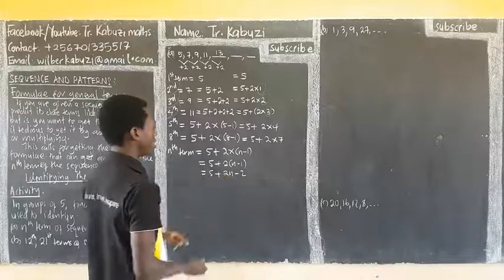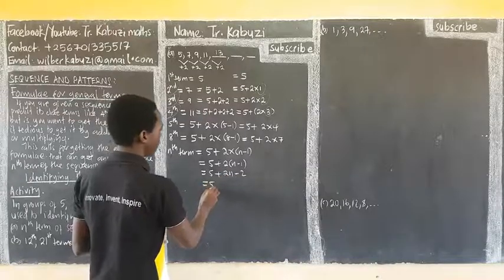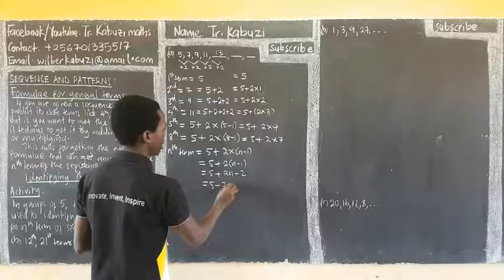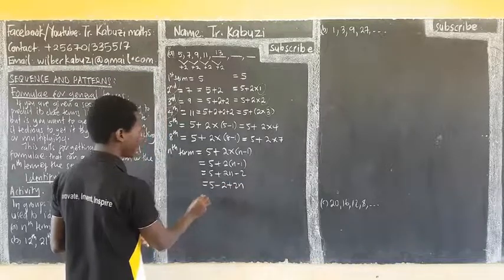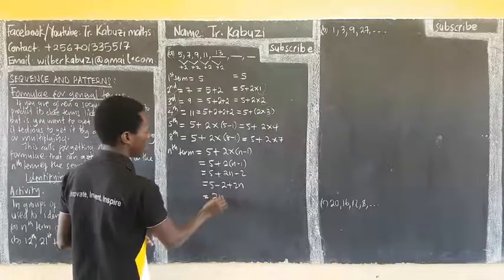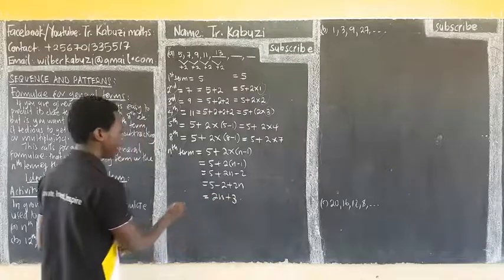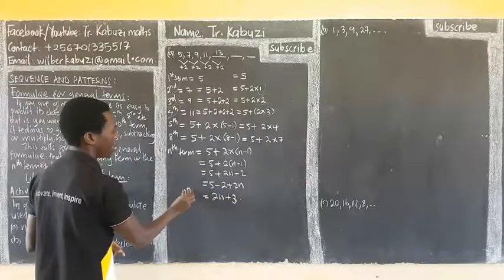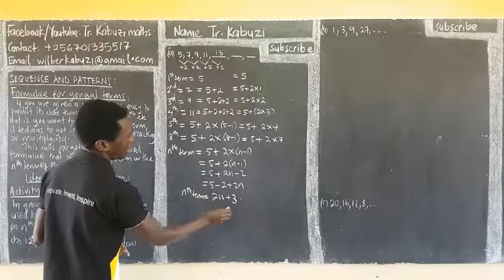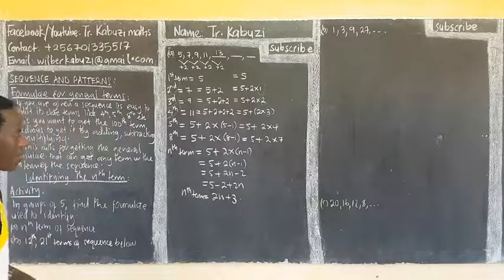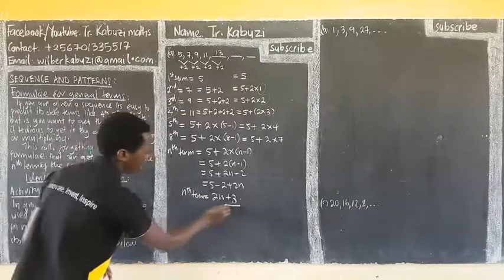When we combine the constants, we shall get 5 minus 2 plus 2n, which is going to give us 2n plus 3, and this is going to be our nth term. So this is our nth term, as simple as that.